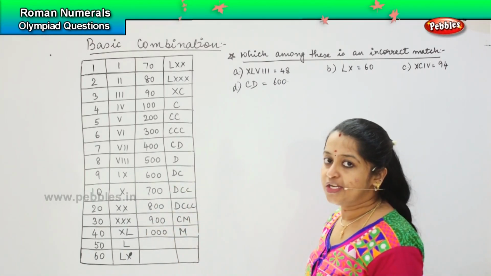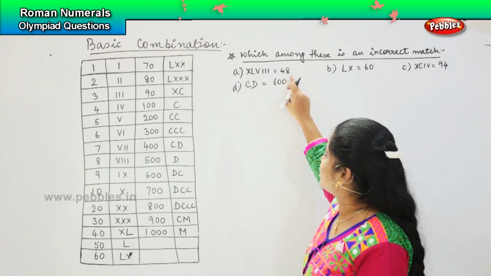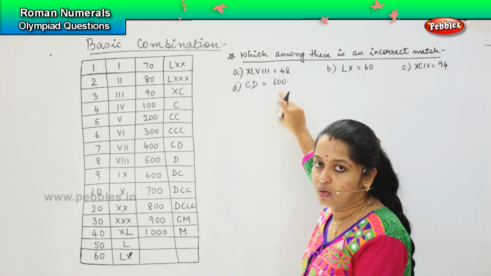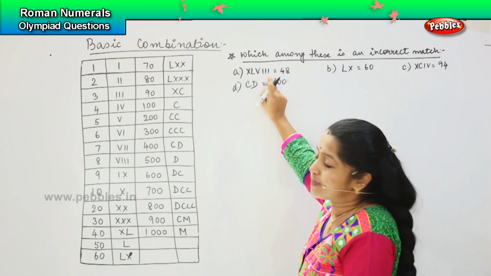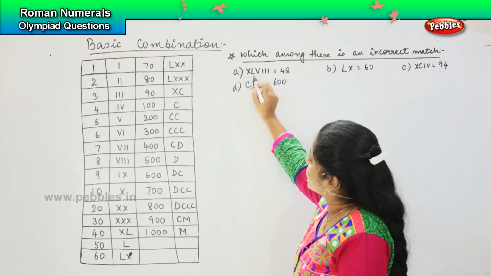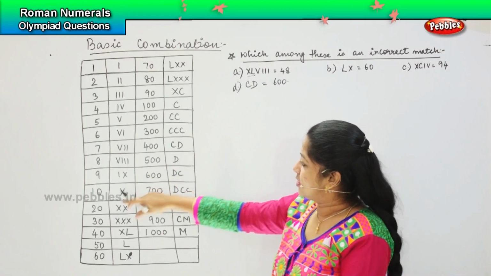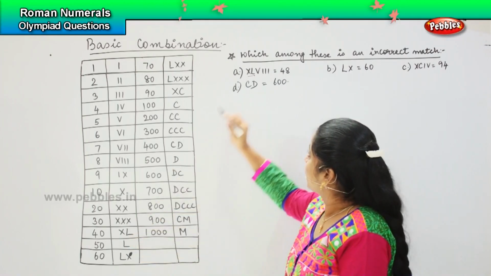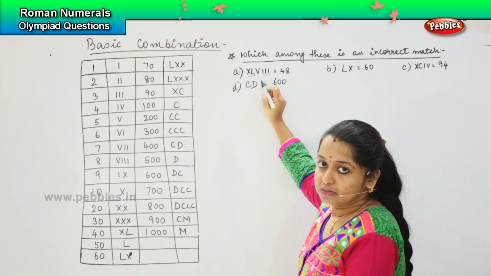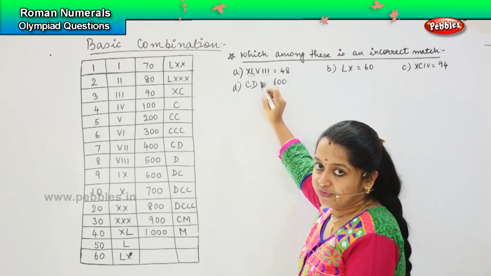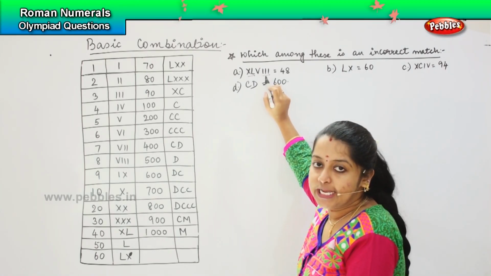Okay, so we need to find out whether the values which they have derived here is the right one or the wrong one. So XLVIII, we know the value of XL. XL is how much? 40, and V is 5, and 3 I's is what? Very good, 3, right? So 5 plus 3, 8.